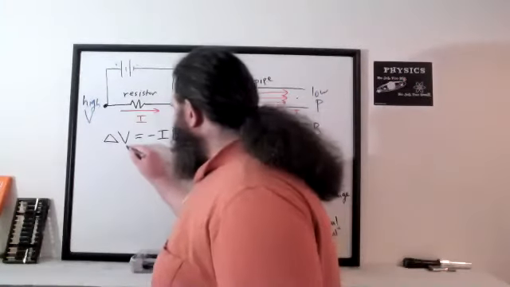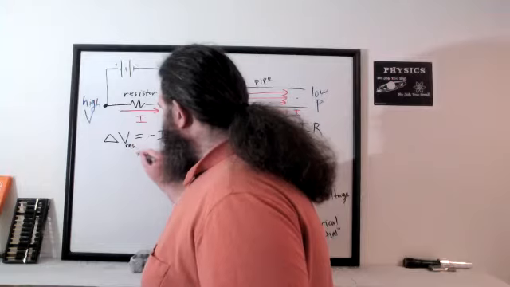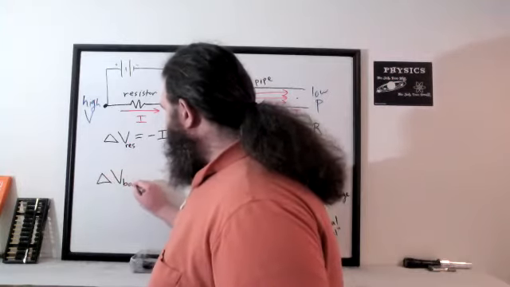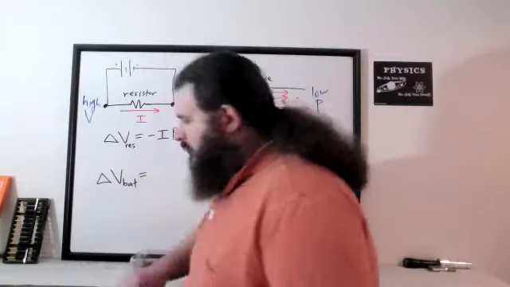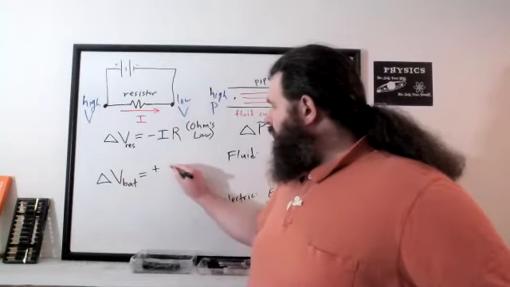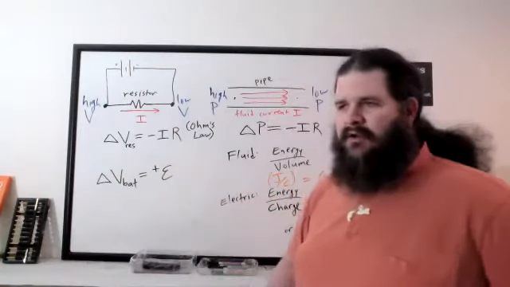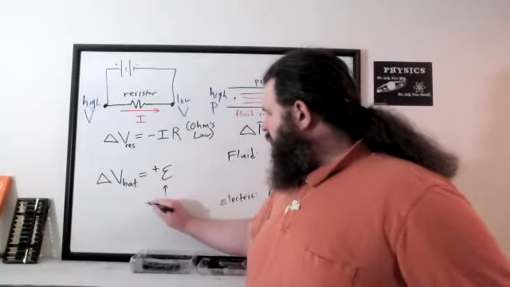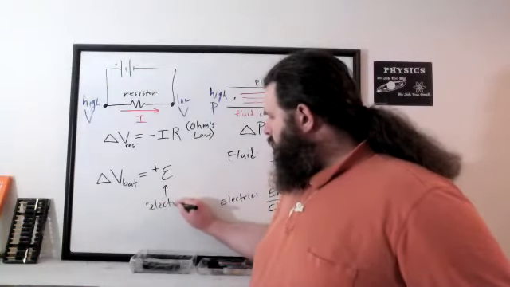Delta V for a resistor is negative IR. Delta V for a battery is just a positive constant, usually written as plus epsilon or plus curly E. And that E is often read as electromotive force.